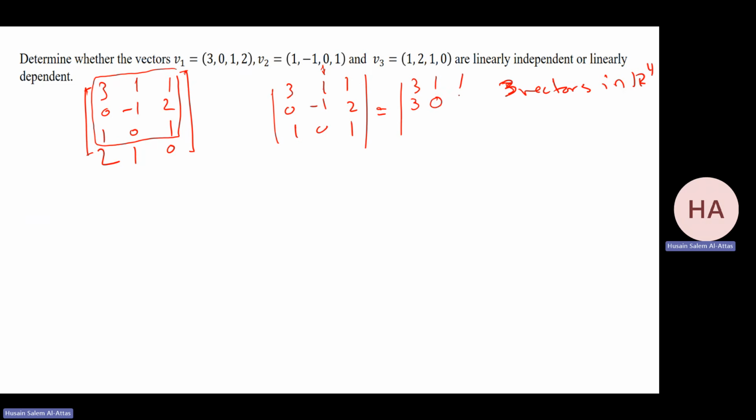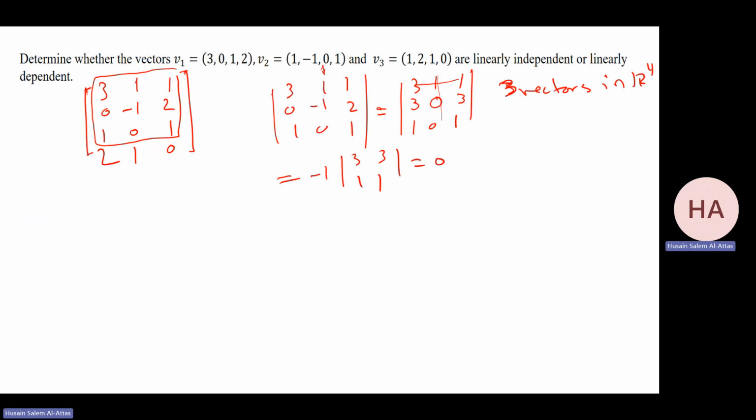By 1 and add, that will be 3. 1, 0, 1. So I'll do the expansion with the second column. So I have plus minus, that will be -1. Cancel this with this. 3, 3, 1, 1. I'm getting 0. Can I conclude that they are linearly dependent?